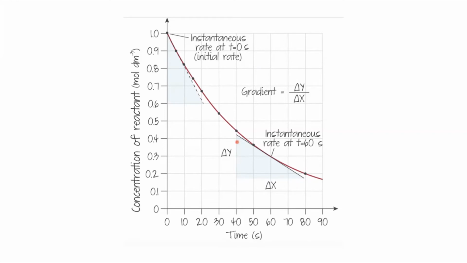So I'll say 0.25 just to be safe. And my width here is 1, 2, 3, and almost 4 boxes. So this is 0.25 divided by, let's say, 0.75. So that is 1 by 3 mole per dm cube per second. So you can see that here the rate was 2, here the rate is 1/3. That is a reduction. And I can see that the rate has reduced over time.